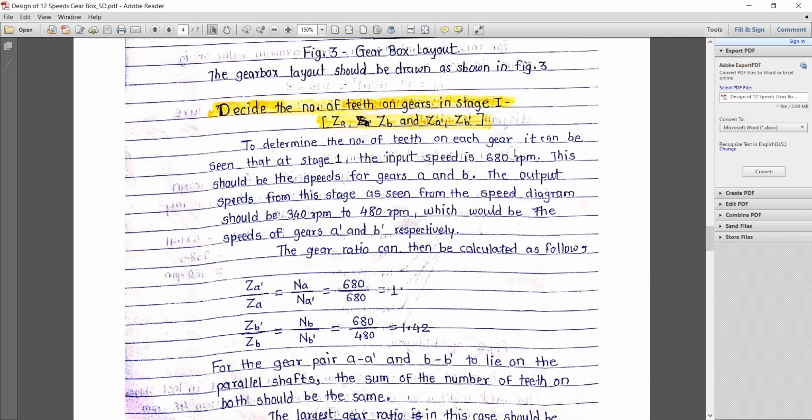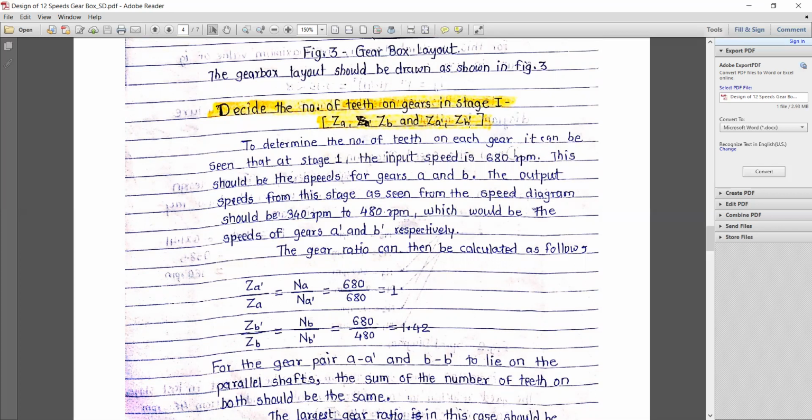To decide the number of teeth on the gears in stage number 1, that is ZA, ZB, ZA dash, ZB dash: the number of teeth on gear A, gear B, gear A dash, and gear B dash.